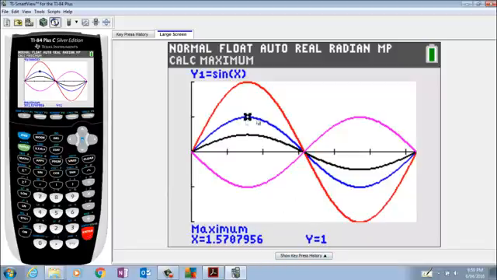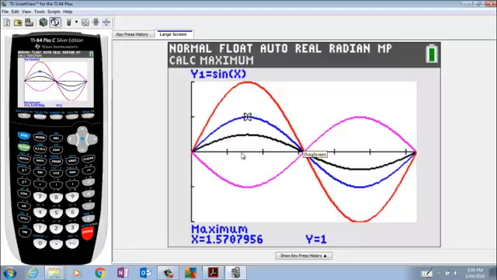Now we're expecting that because we know that the y value of sine x is 1. Likewise, we could do the same and get -1 over here at the base of that blue curve. So that's y equals sine x. Its amplitude is 1.